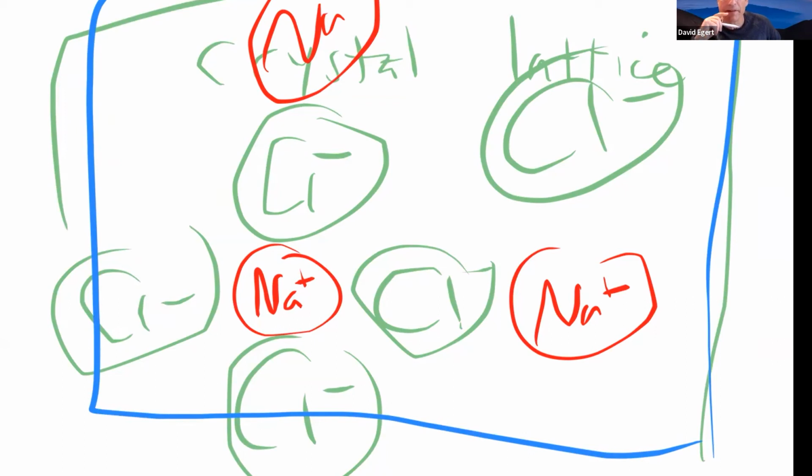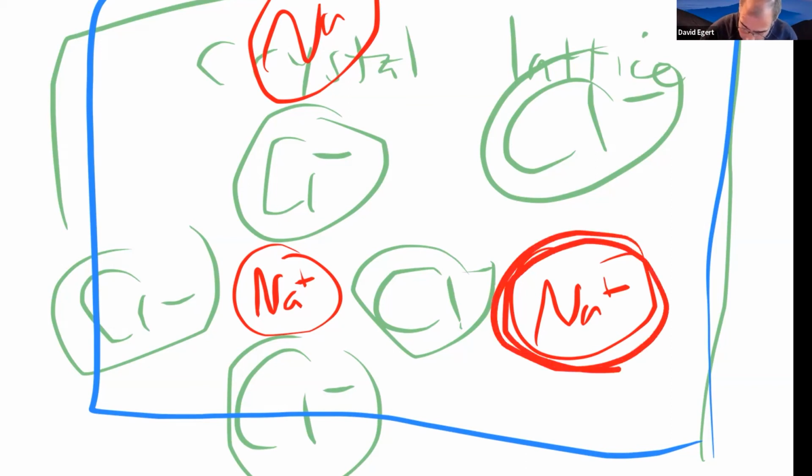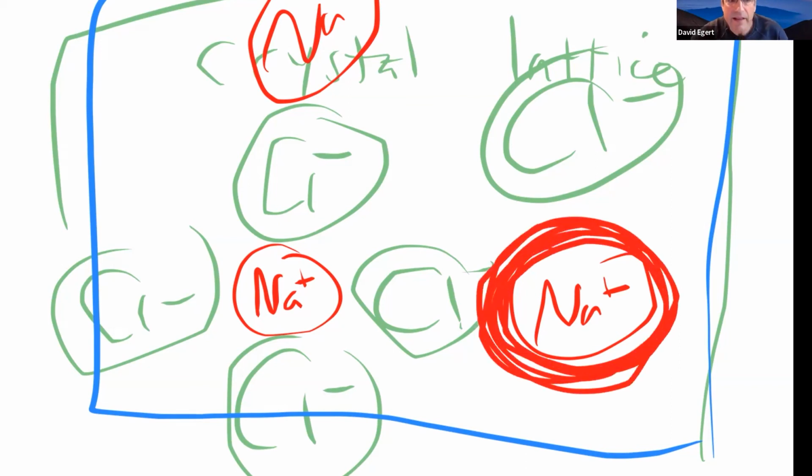How is it going to be different than putting sugar into water, for instance? Because the sodium and the chlorine, won't they dissociate into ions? Exactly. So this sodium here has no commitment to this chlorine or that chlorine or whatever it's attracted to in the lattice. It's just as happy to be dancing with the water molecules once it goes into solution.